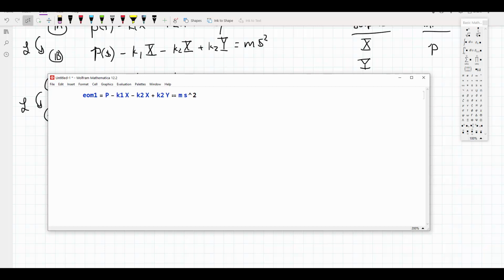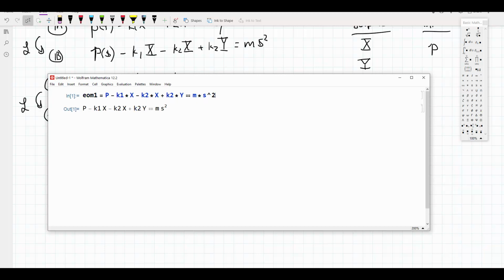Okay, so I did type it a little fast, so just to make it clear, there is a space between k1 and x because Mathematica knows that that means I want multiplication. I could explicitly put a times there as well, which I'll do for now, just to make it clear what I'm doing. And then the same thing here, that is m times s squared, and then we're good to go.